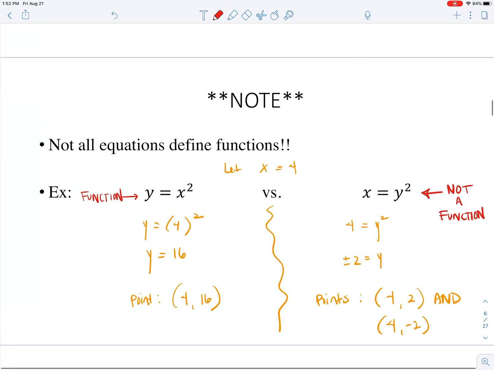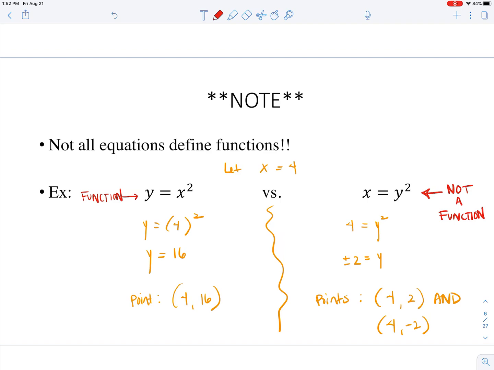Usually, actually always, if you can solve for y explicitly, so you can have y written in terms of x, so y equals some expression in terms of x, then that equation is going to represent a function.